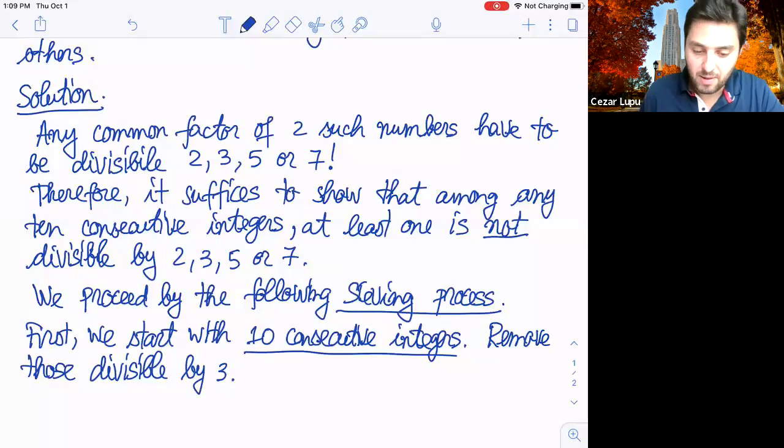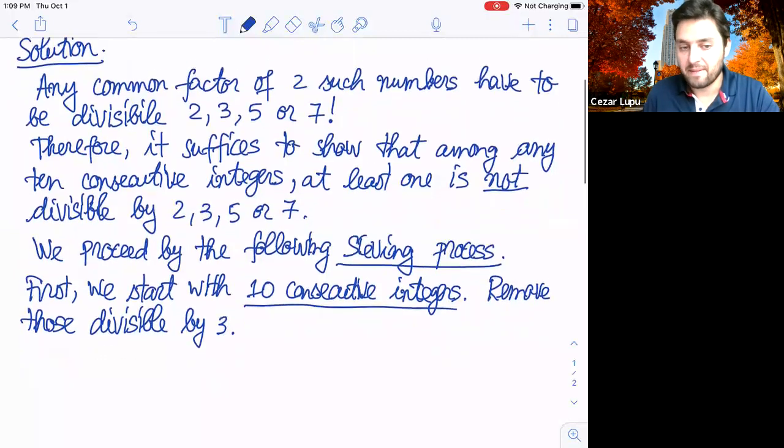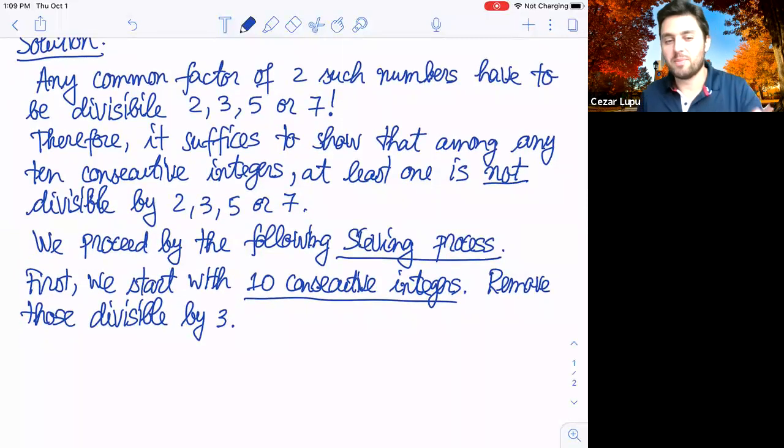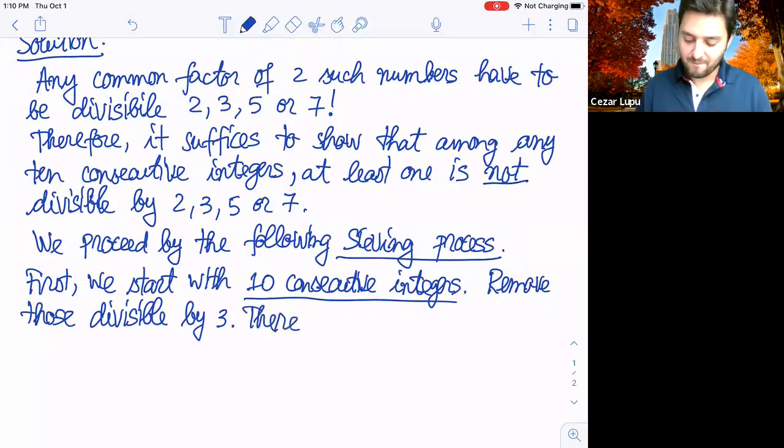Okay, that's great. So how many of them are there, those who are divisible by 3 in 10 consecutive integers? There are 3 or 4 of them.